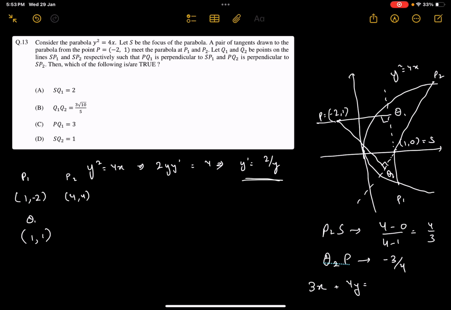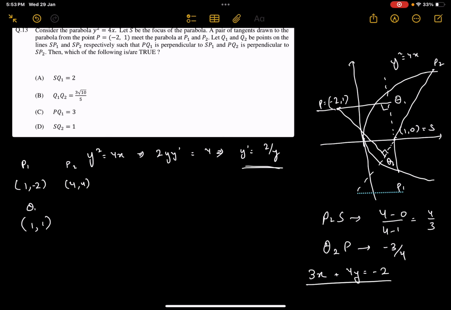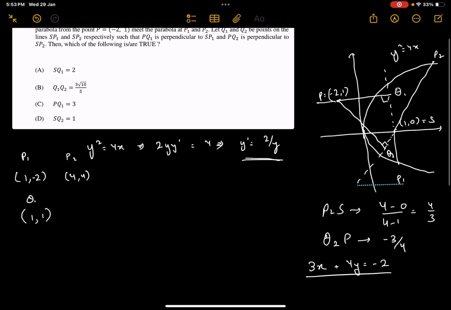So we get the constant as -2 by substituting x as -2 and y as 1. So we have the equation of Q2P, and the equation of SP2 as 4x minus 3y equals 4.